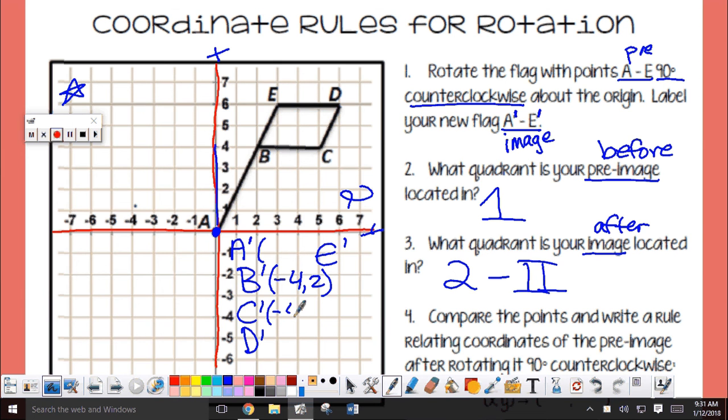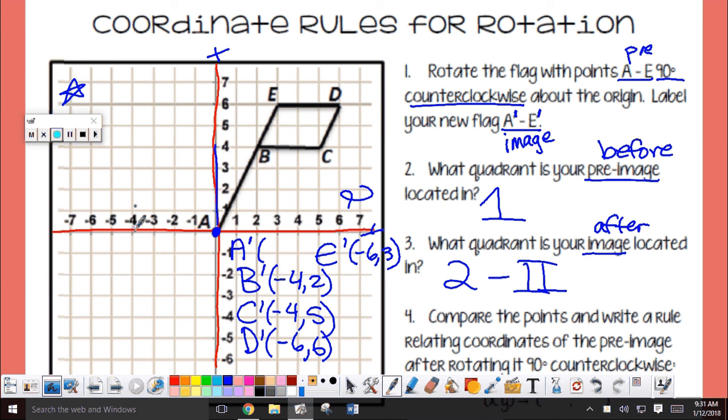Well, now it looks like letter C is at -4, +5. D prime looks like it's at -6, +6. And E prime looks like it's at -6, +3. So now, turn your paper back to normal, and we can write the new points for our image.